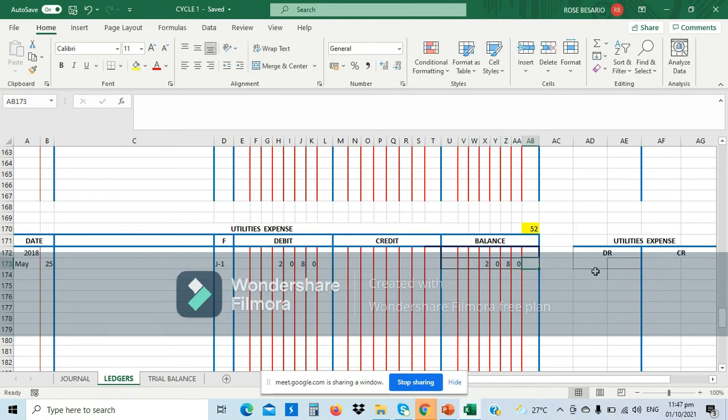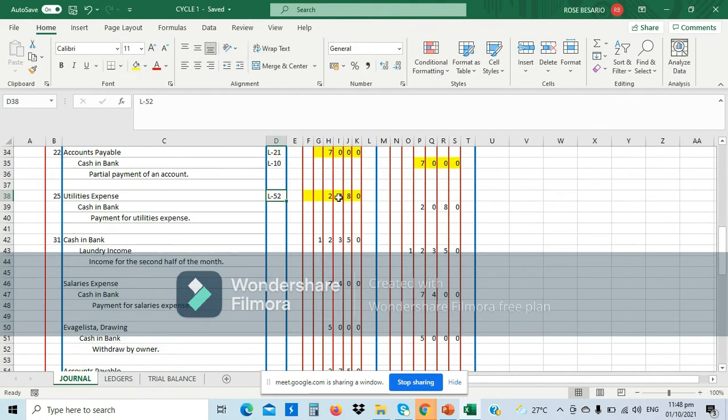And in your utilities account, you also have to post your May 25 and then 20,080. Okay, then your credit is cash in bank. So this is to be posted to ledger number 10. That's cash ledger. So 20,080.